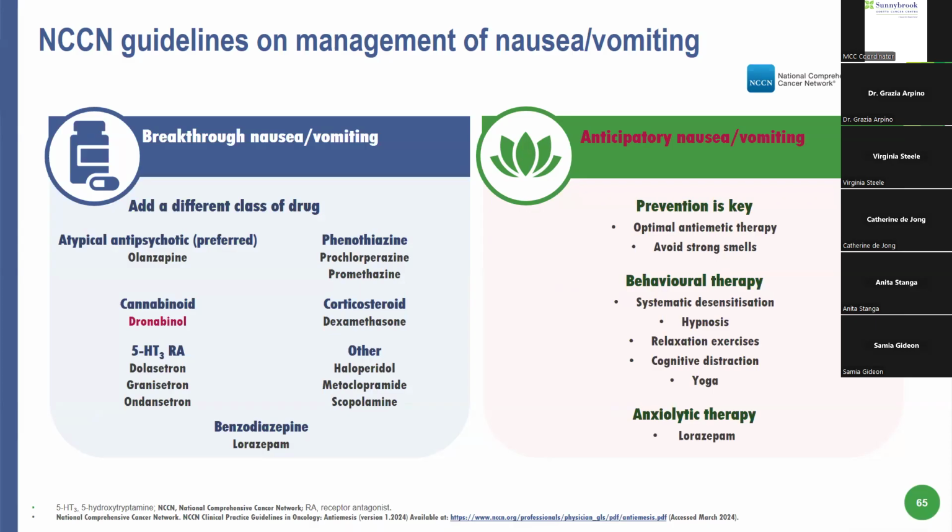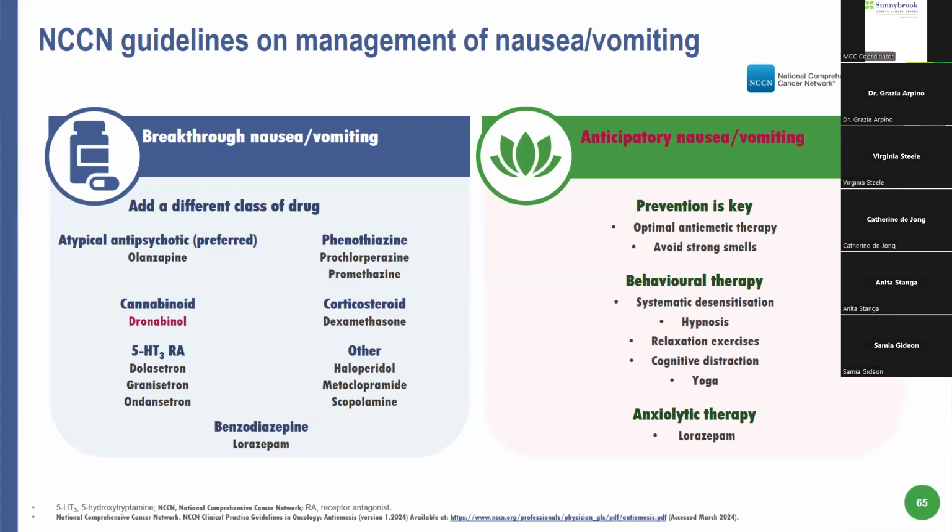However, if patients experience nausea and vomiting through the whole cycle of therapy, then olanzapine is surely a good option, or cannabinoids, or other compounds such as corticosteroids, 5-HT3 receptor antagonists, haloperidol, metoclopramide, or scopolamine, which in my opinion are less manageable because they may have other side effects.